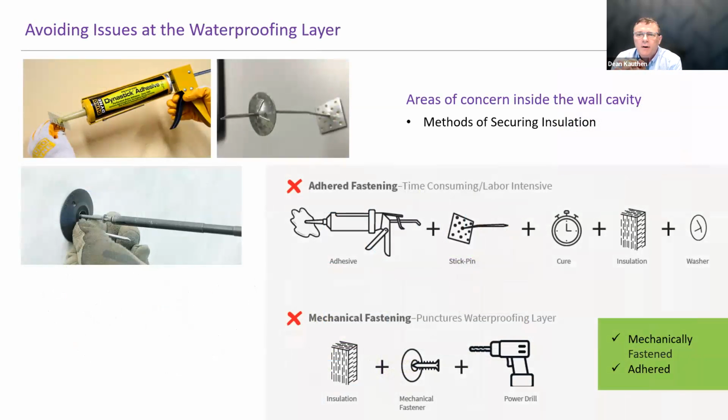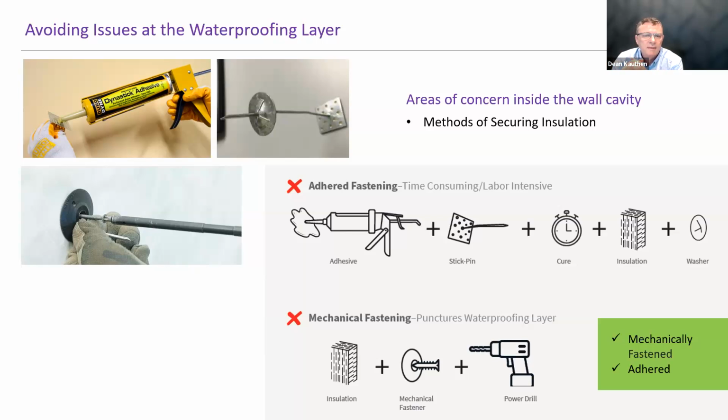And we know that troubles can occur when using, say, stick pins to hold the insulation in place on your wall. Adhesive fasteners, for example, cannot be installed in all weather. There's also a time for the adhesive to cure. And not all sealants are compatible with all waterproofing of the walls, especially fluid applied waterproofing, where you may have compatibility problems using an adhesive for a stick pin.